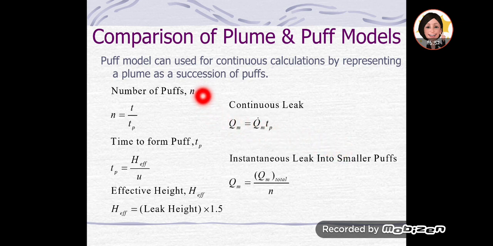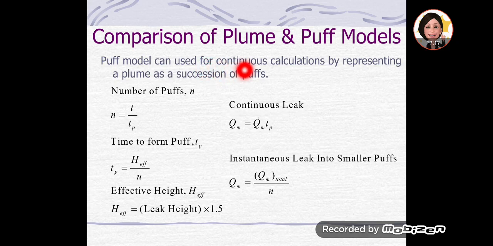The puff model can be used for continuous calculations by representing a plume as a succession of puffs. So this puff model can also represent a plume. When do we assume it as a plume? When there is a succession of puffs.